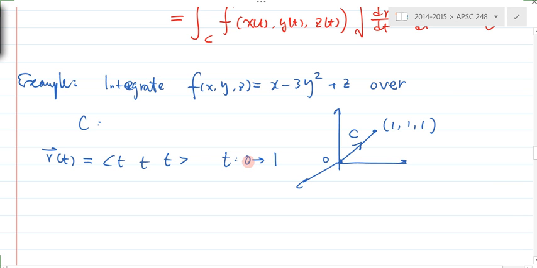So double check, does that make sense? If I substitute t equal to 0, I get (0, 0, 0), that's where it starts. If I substitute t equal to 1, I get (1, 1, 1), that's where it ends. That's great. But does that really describe a line? If this is a line, then when you project it onto each plane, it must be a line.